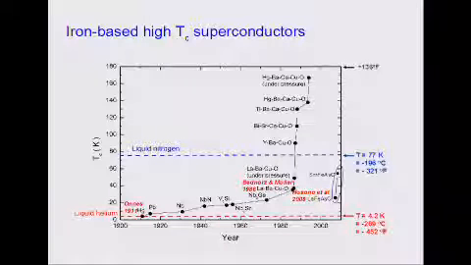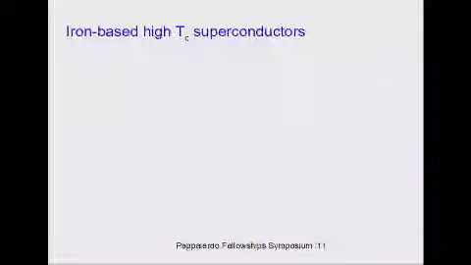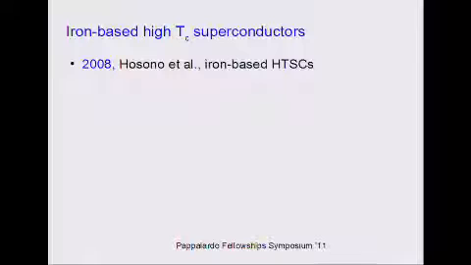They were first discovered by the Japanese group led by Professor Hosono, and the transition temperature quickly increased, well, not as high as the copper oxides here, and still even below the liquid nitrogen temperature. But I think it's an important discovery in that, again, it changed the way we think about high temperature superconductivity.